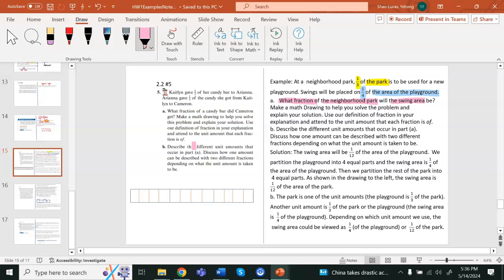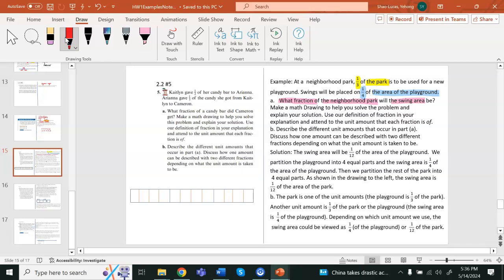The other is the entire park. The swing area is just a portion of the park, but what fraction is it of the entire park? Although they did mention the swing area is 1/4 of the area of the playground, it's not 1/4 of the entire park.